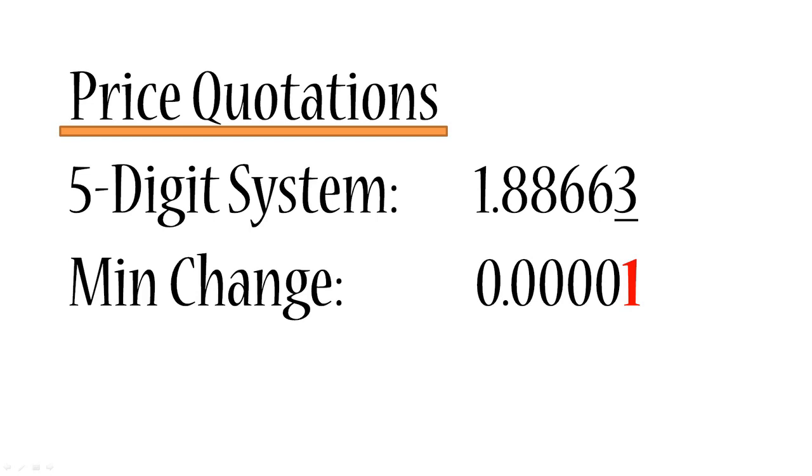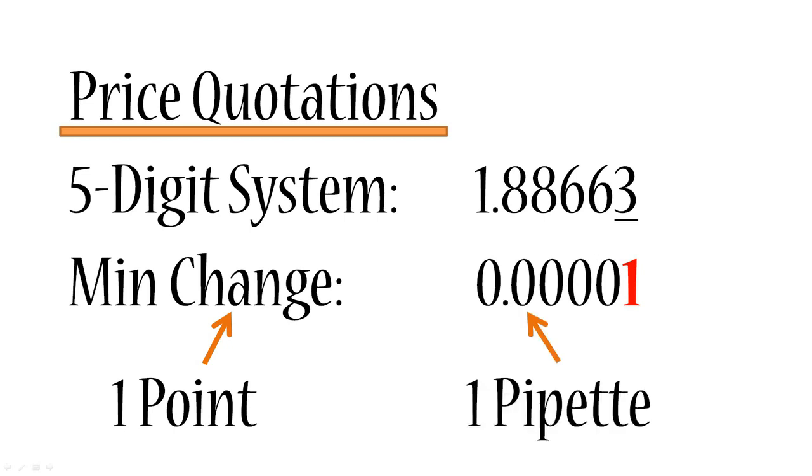Now the minimum change this currency pair can experience is actually 0.00001. Now let's understand how the definition of pips and points have changed in this particular case when the 5-digit system has been introduced. So the minimum change is always called 1 point. Now the value on the right, 0.00001, has been labeled with the name pipette.